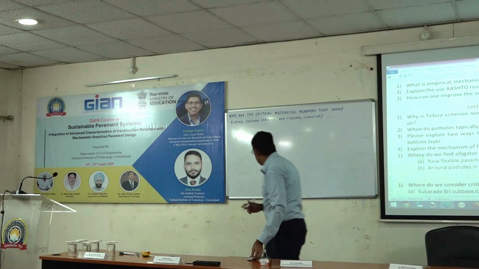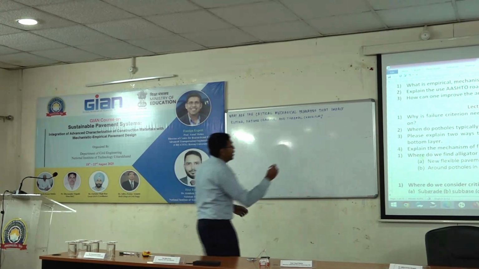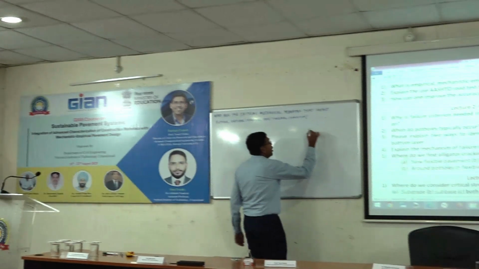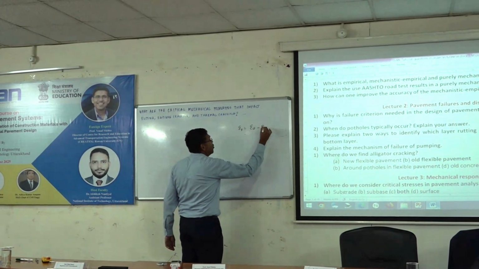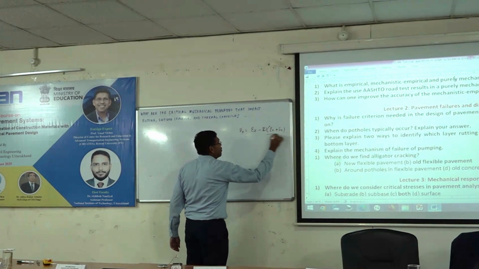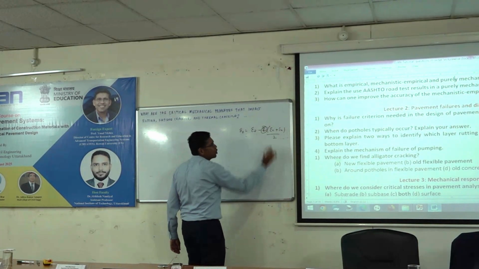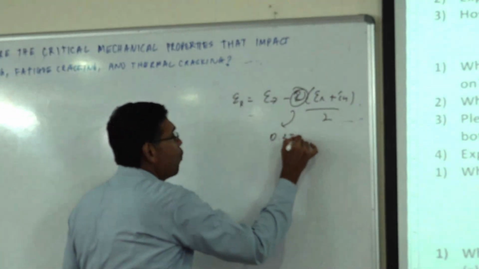No, Poisson's ratio does not play a critical role. If you are looking at epsilon r, it is about epsilon z minus nu epsilon x, something like that. So this is so small. The range is between 0.35 to 0.5.